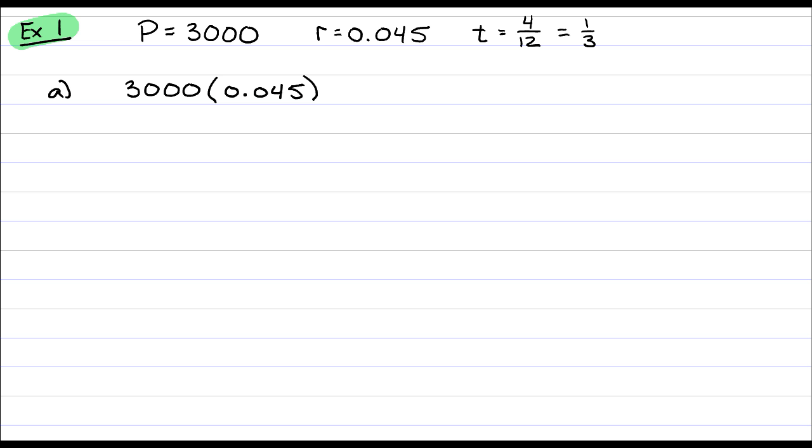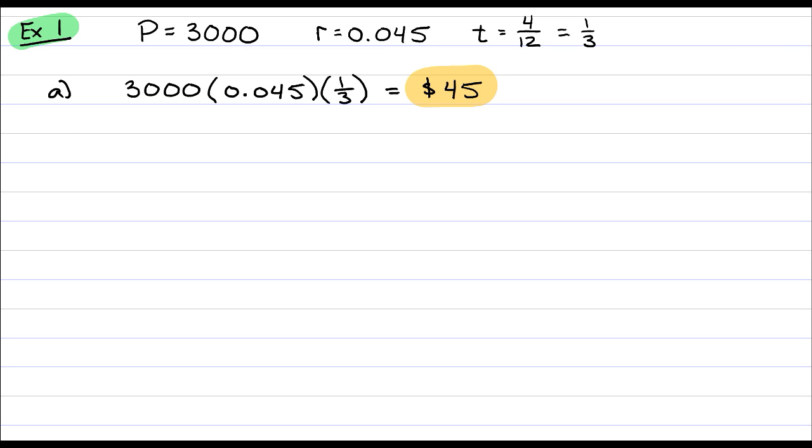But we don't want a full year. We only want 1/3 of a year. So I'm going to multiply this by 1/3. So carrying out these operations, you should get $45. So over the course of 1 year, $45 worth of interest will be charged to the borrower.